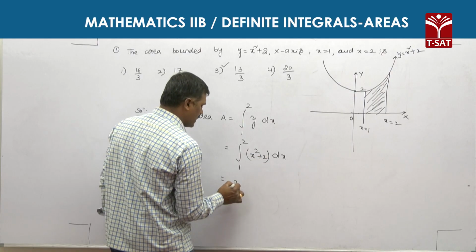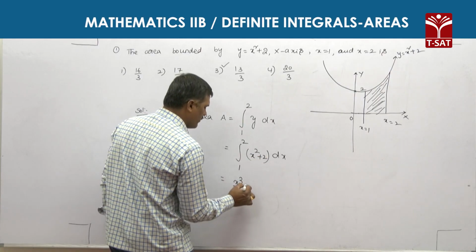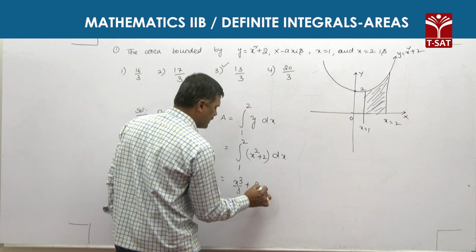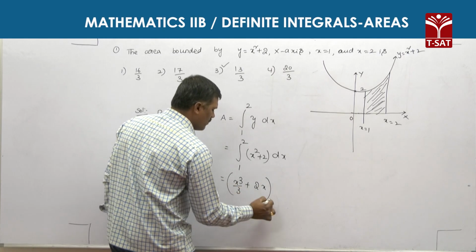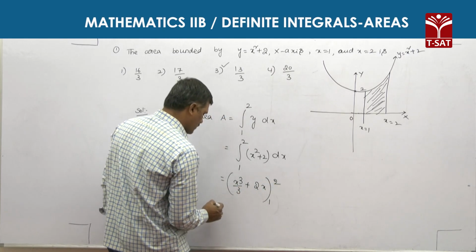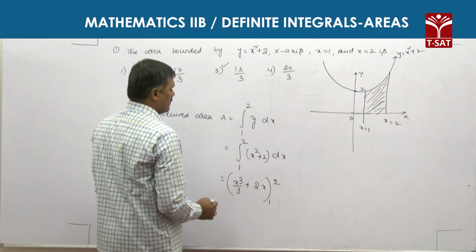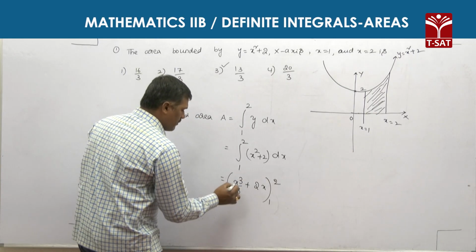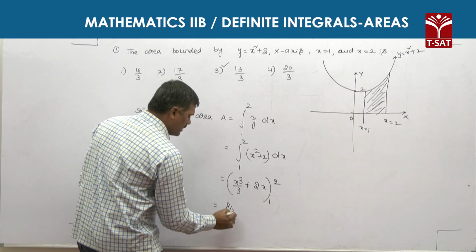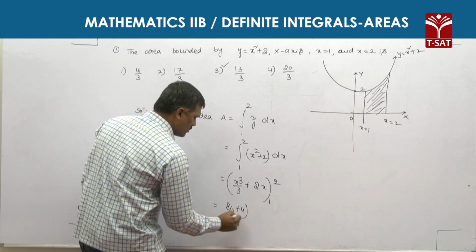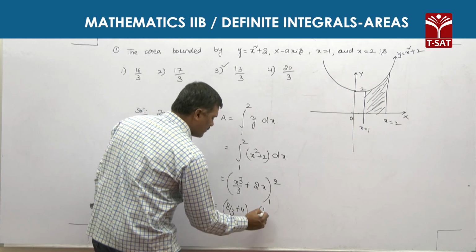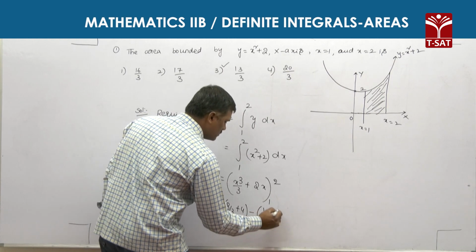X square integration is x cube by 3, plus 2 integration is 2x, limits 1 to 2, that is equal to: substitute upper limit, 8/3 plus 4, minus lower limit, 1/3 plus 2.